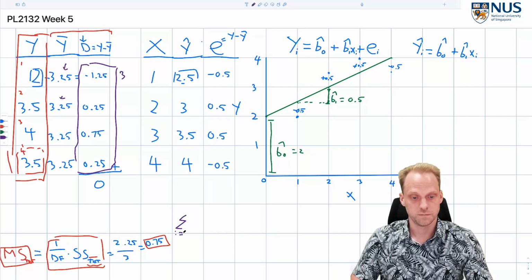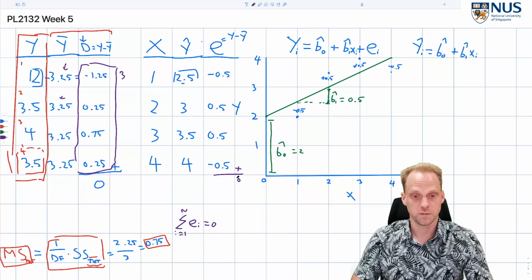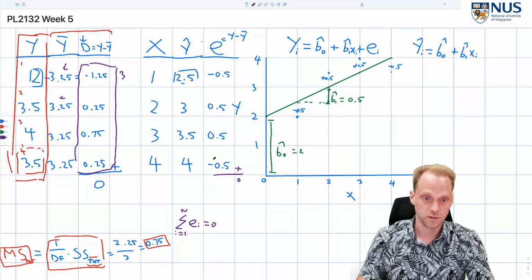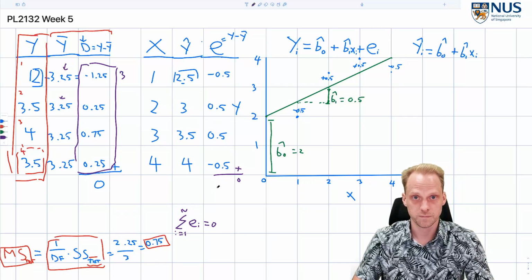The sum over all values of the error terms equals 0. This sum equals 0. Is that correct? Well, minus 0.5, minus 0.5, plus 0.5, plus 0.5, so that indeed equals 0.